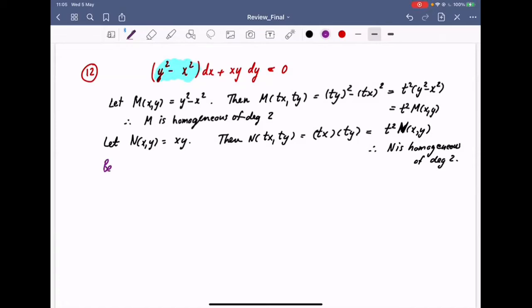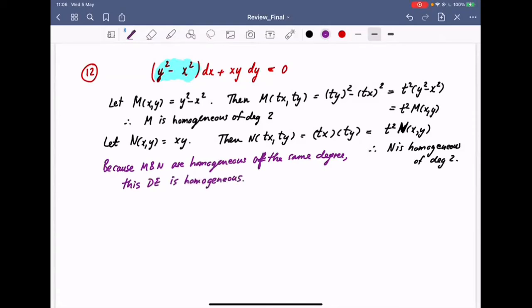Because M and N are homogeneous of the same degree, this differential equation is homogeneous. I wrote the whole thing, but you can make it short. Okay, good.